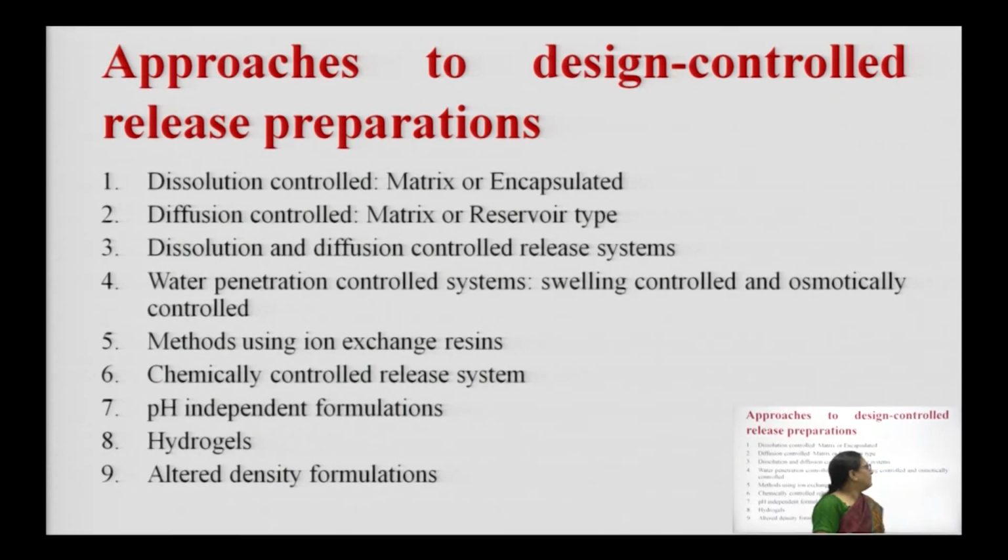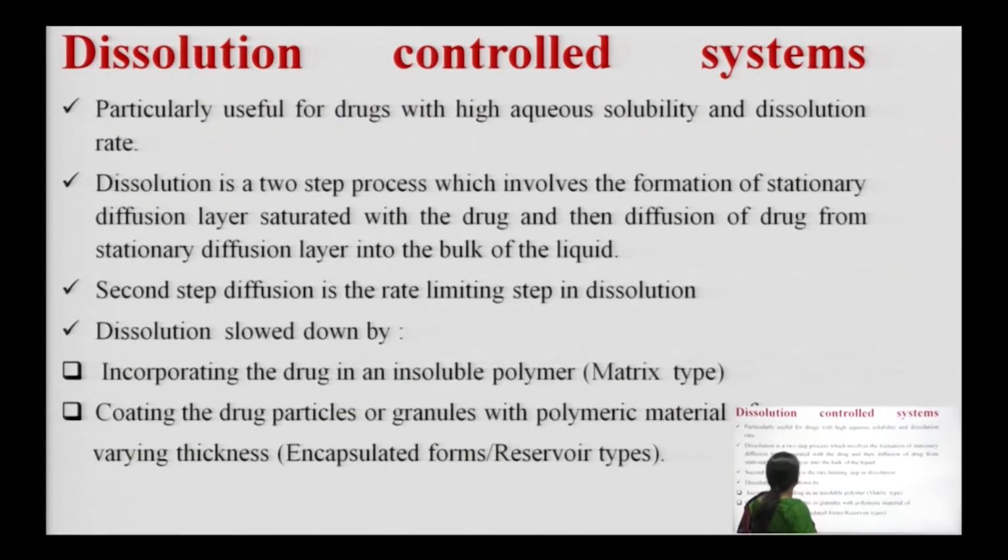Today's focus will be on the first two mechanisms, that is dissolution controlled matrix or encapsulated type systems and diffusion controlled matrix or reservoir type of systems. So, let us look at the dissolution controlled systems. The word dissolution itself implies that these are the systems which are based on slowing down the dissolution rate of the drug.